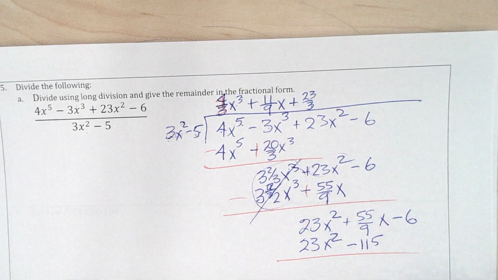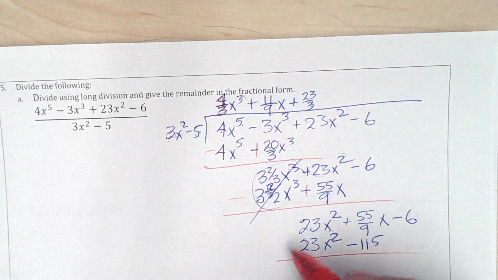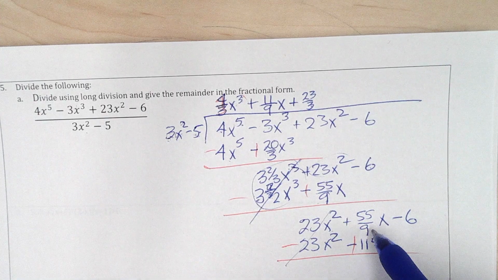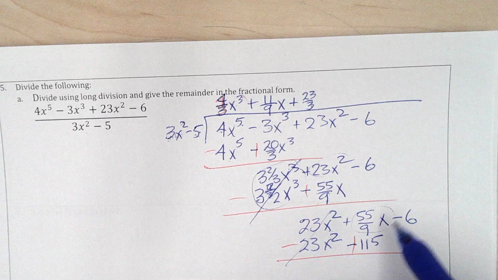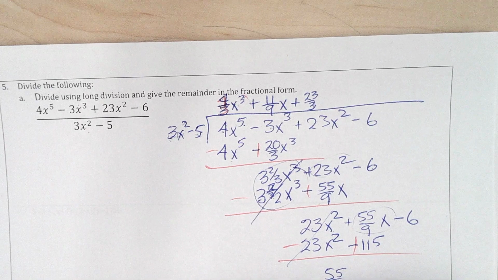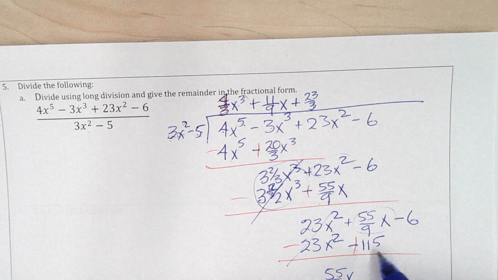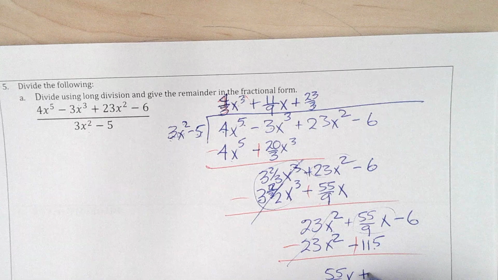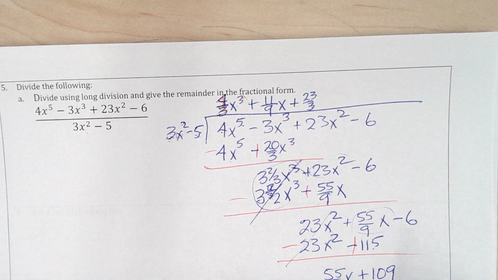Draw the lines, change the signs, add like terms. These are gone. That's got an x, so it's 55 ninths x. And then I got 115 minus 6, which is 109.